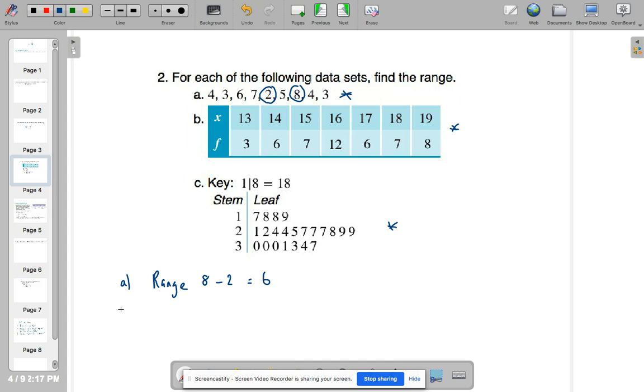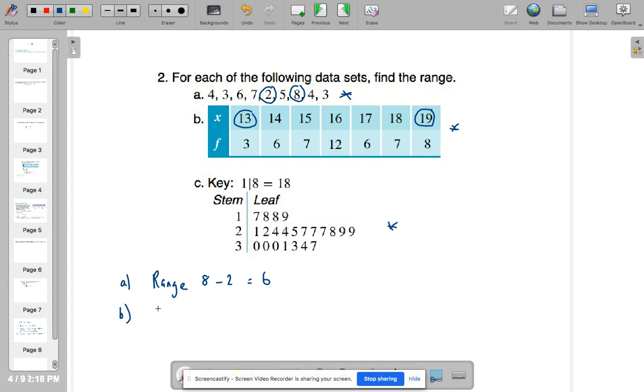For B, things are arranged in groups. In a table. So 3 people got 13, 6 people got 14, and so on. But what we need to focus on here is the lowest score was 13 and the highest score was 19. How many people got those is not relevant. All that's relevant is what the highest score was and the lowest score.